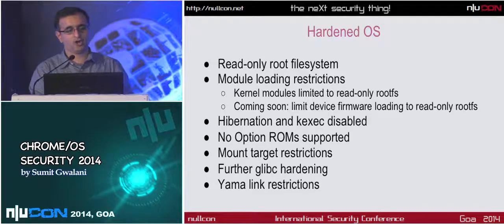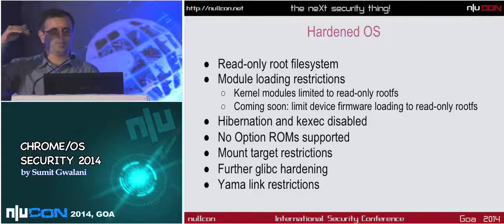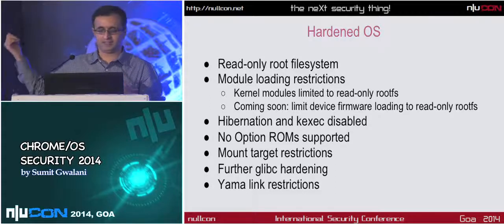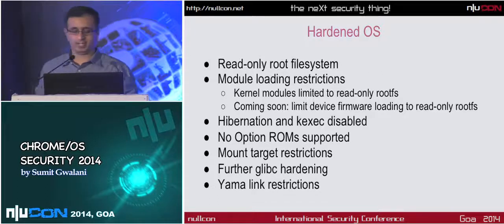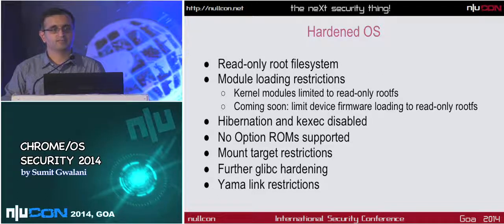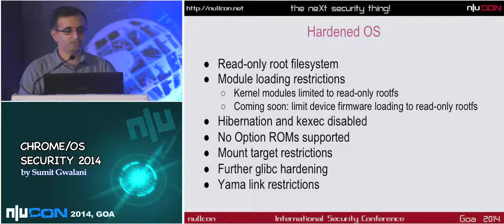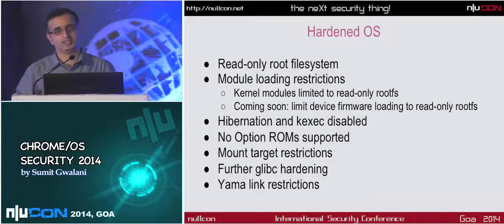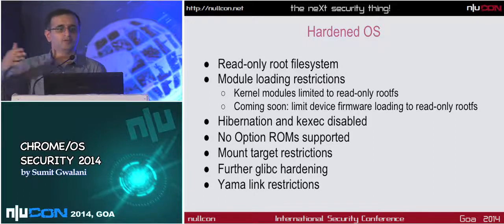This would not have been really useful if the root file system was not read-only. Similarly, you'll have device firmware also limited to that. Our device doesn't really use hibernation, so you can actually disable hibernation and kexec, disallow option ROMs, add more mount target restrictions, and sort of harden your glibc so that you can basically add more and more layers of protection out there.